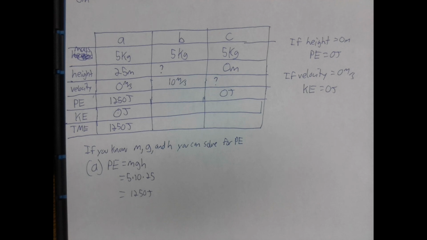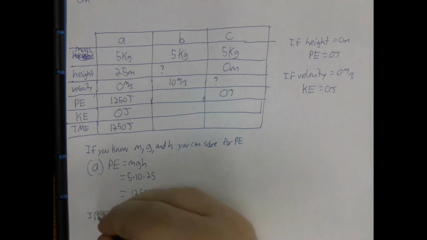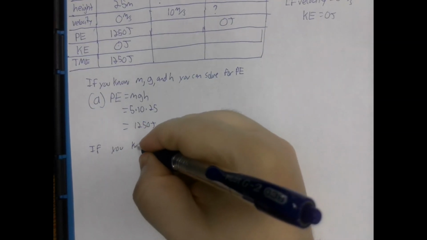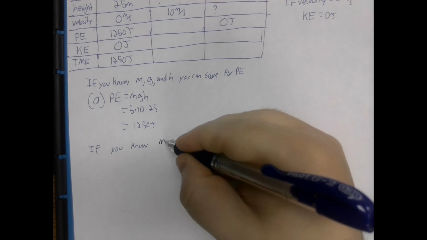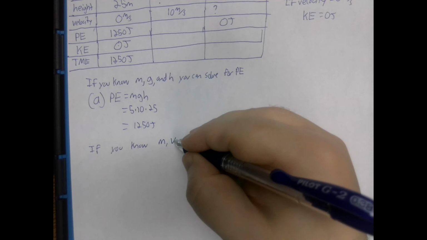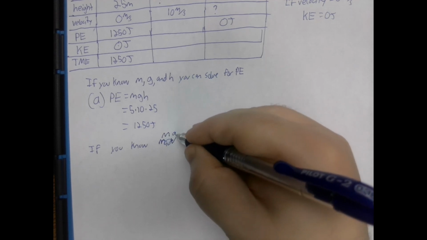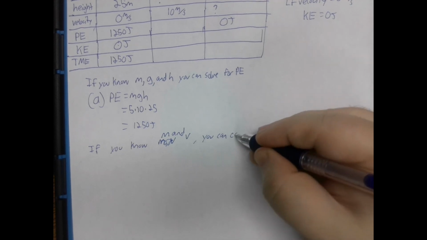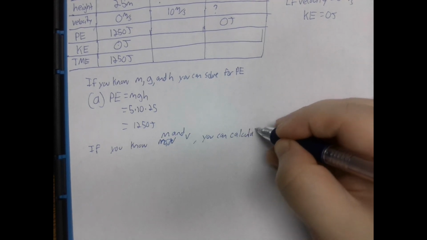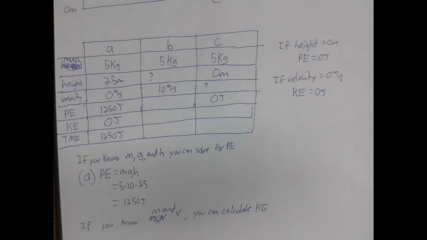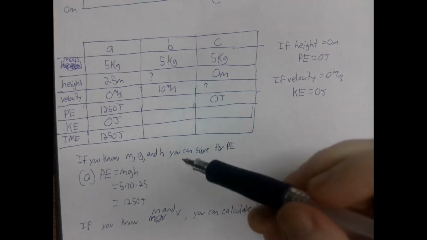Now let's look at kinetic energy. If you know mass and velocity, you can calculate kinetic energy. So are there any values where we know mass and velocity?